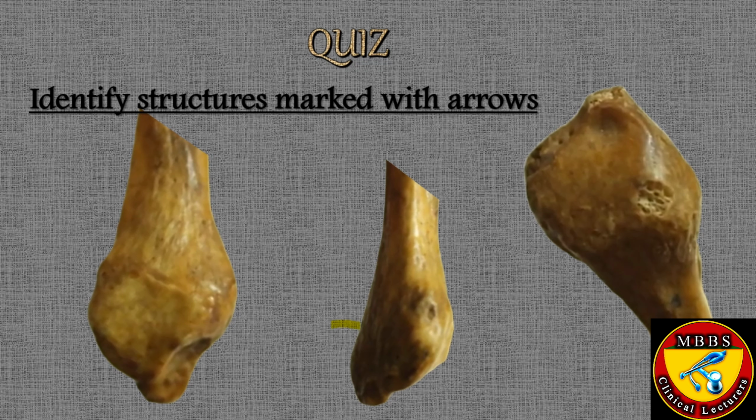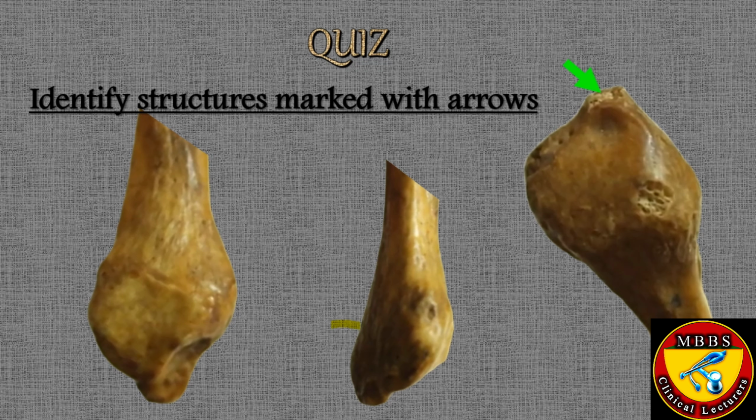Now we have a quiz. Before we move forward, I have a quiz. Identify structures marked with arrows, right? This quiz is for the previous half of the class, for the osteology of fibula. What is the structure highlighted with the green arrow?